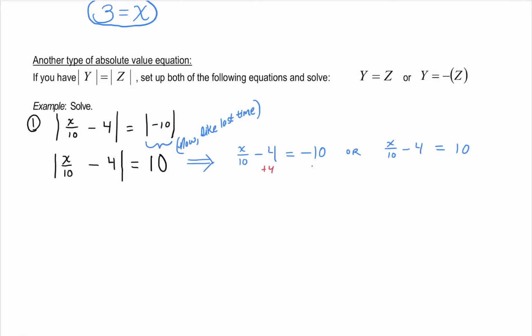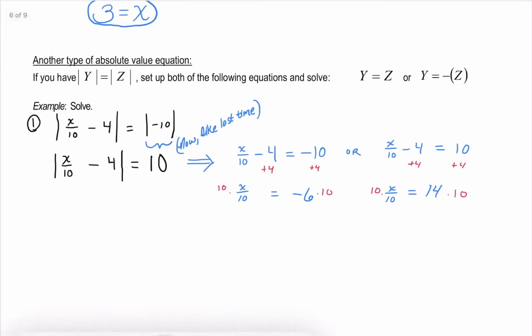Adding 4 to both sides on both equations, we now have x over 10 equals negative 6, and x over 10 equals 14. And then our last step to solve for x: right now it's being divided by 10, so we're going to do the opposite and multiply both sides by 10.